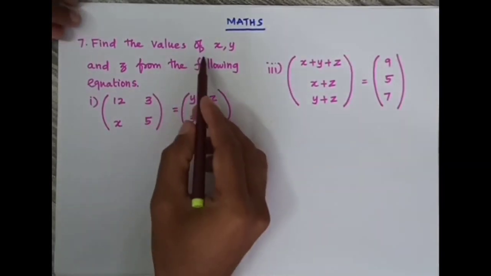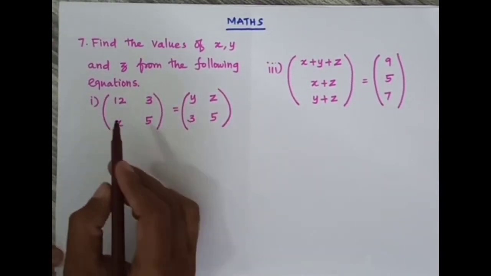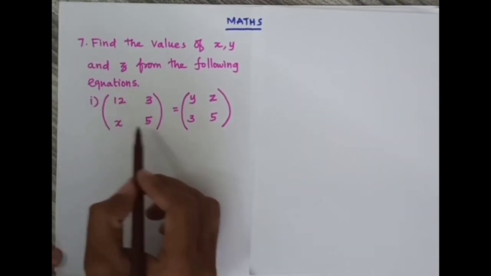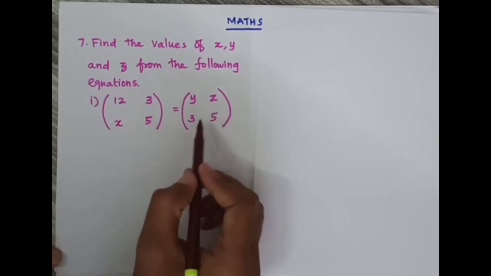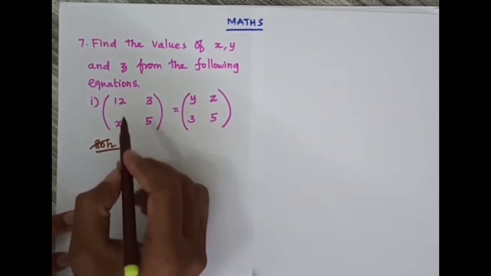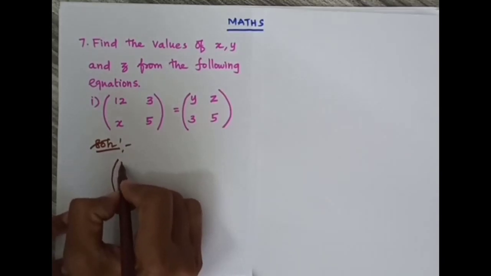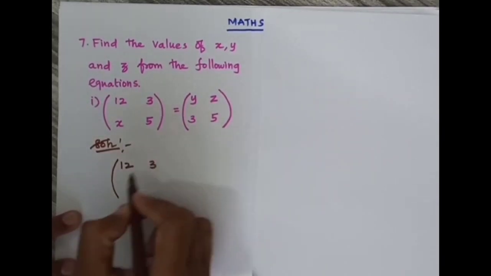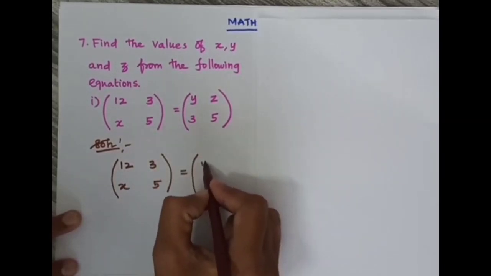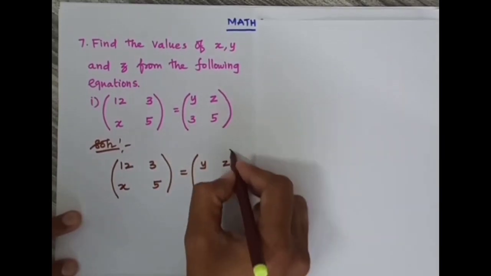Find the values of x, y and z from the following equations. First one, 12, 3, x, 5 is equal to y, z, 3, 5. Here we have to find out x, y and z values. First of all, we'll write the question: y, z, 3, 5.